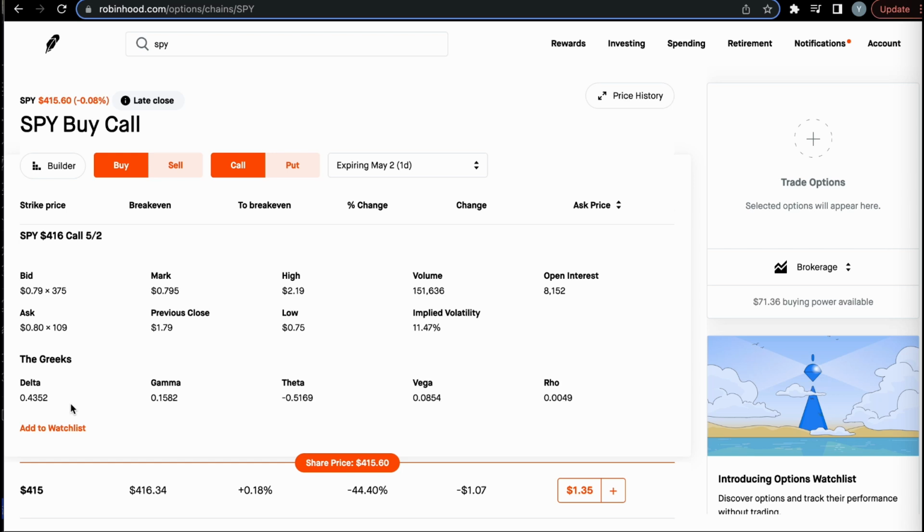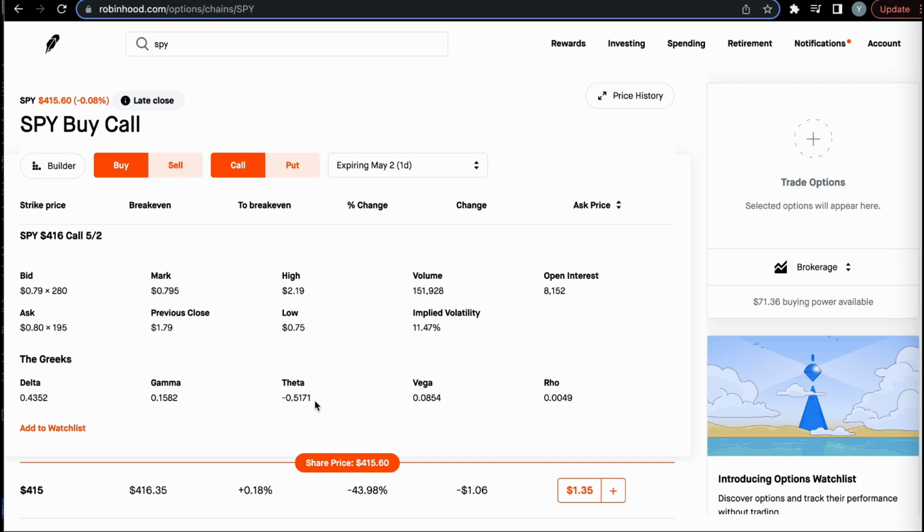So if a dollar moves up or down, the price of the contract will move up or down by this amount. 43 cents is this delta. Now, gamma measures how much delta will change for every $1 movement, either up or down as well.